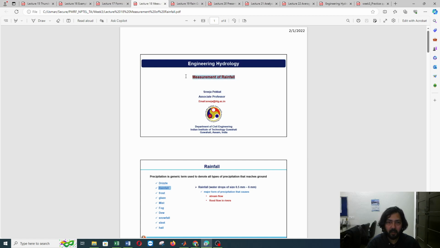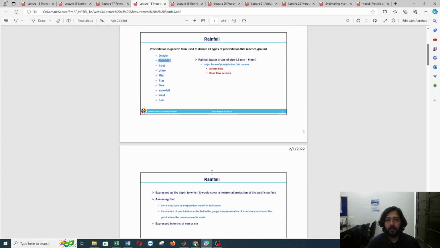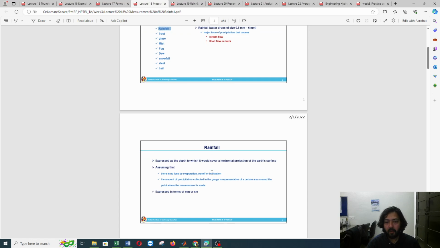So we started with what the different ways are in which we can measure rainfall. On the basis of instrument, there are two types of instruments that are used to measure rainfall. The first is recording gauges and the next is non-recording. So we first talked about the non-recording rain gauge. By the name itself, it says that it is not going to record the rainfall by itself. There is a need for manual observation, right?